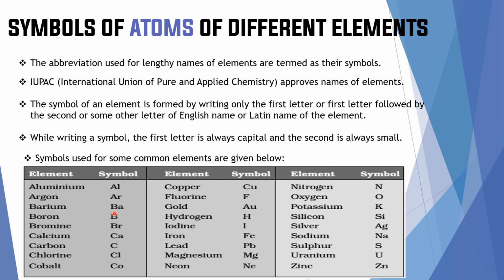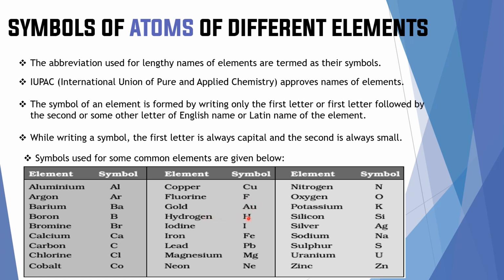Barium, Ba. Boron, B. Bromine, Br. Calcium, Ca. Carbon, C. Chlorine, Cl. Cobalt, Co. Copper, Cu. Fluorine, F. Gold, Au, from its Latin name aurum.